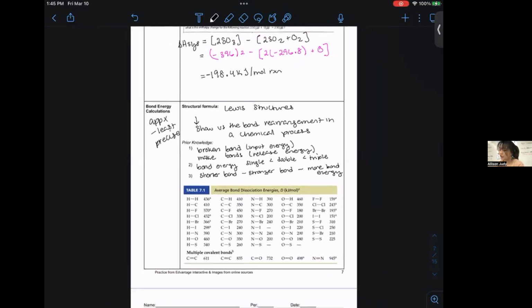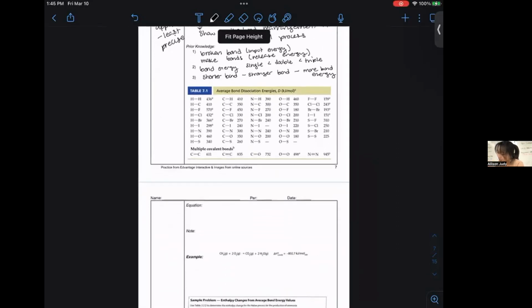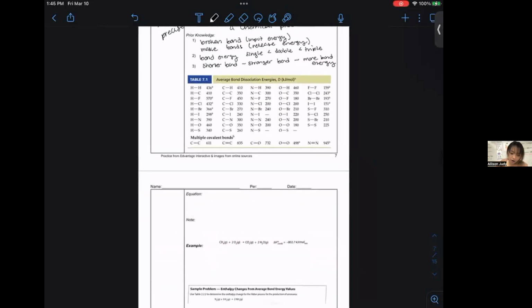So what we do here is a similar process, but now instead of using enthalpy of formation, we calculate this based off of bond energy. Again, it's tabularized data. Our equation is that ΔH equals the sum of our stoichiometric amount of bonds broken, minus the sum of our stoichiometric amount of bonds formed.